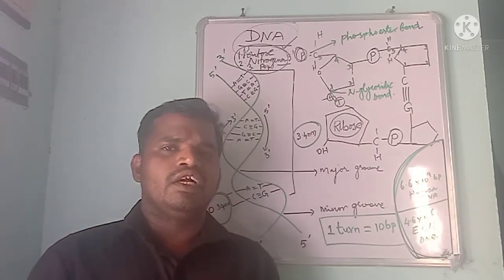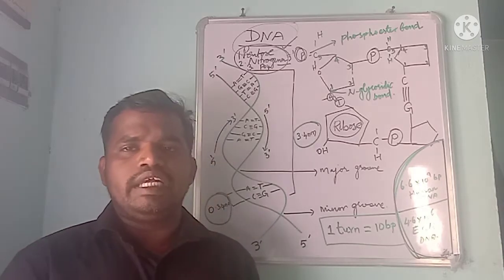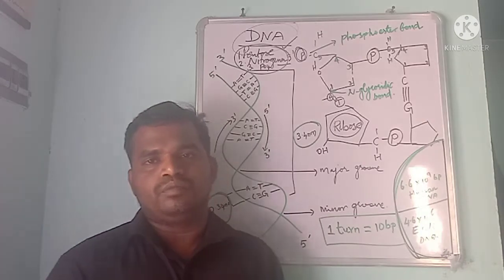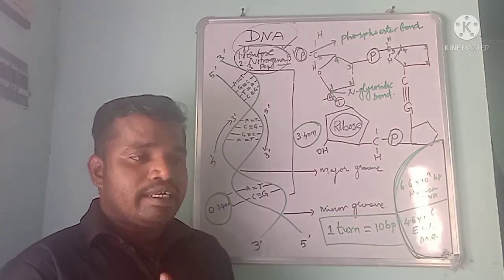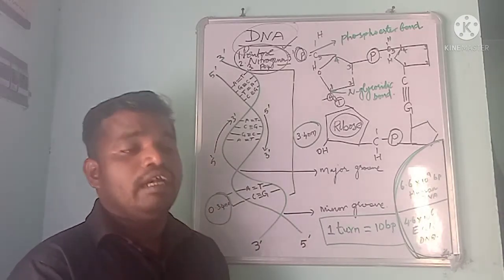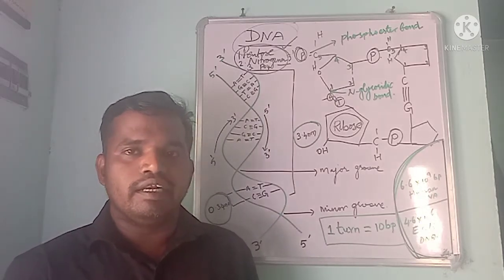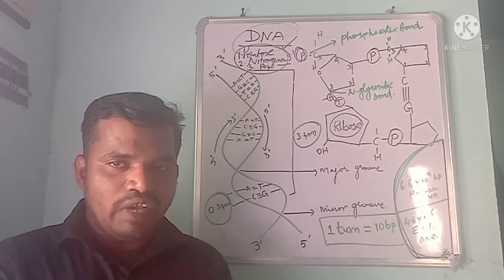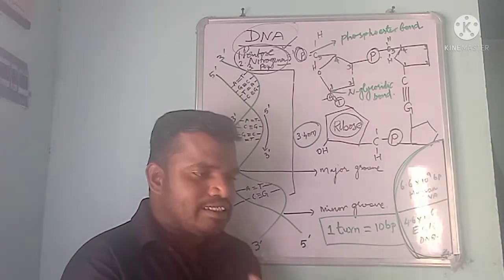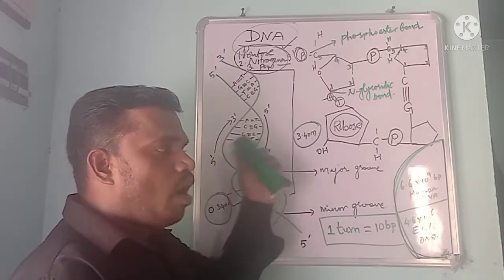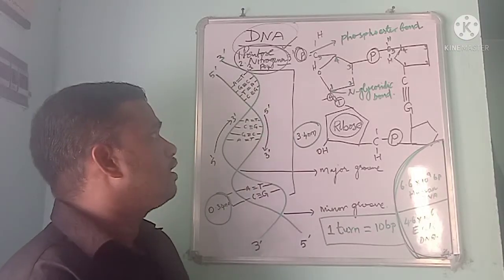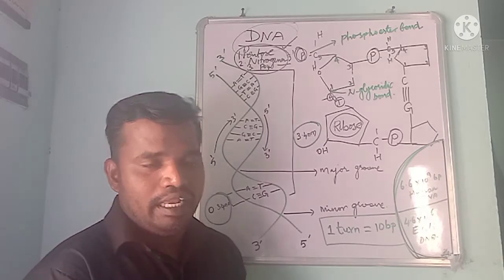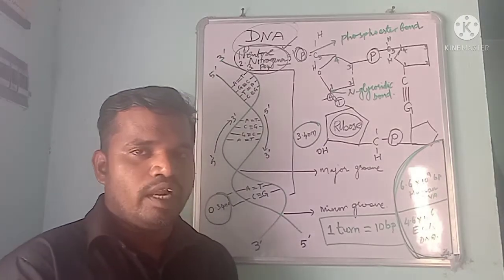Wilkins and Franklin used X-ray diffraction to see the DNA structure. With the help of Chargaff's rule and the X-ray diffraction method, Watson and Crick elucidated the double helical structure of DNA. Do you understand what I am saying?